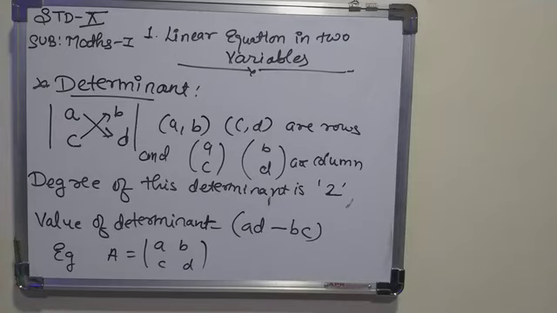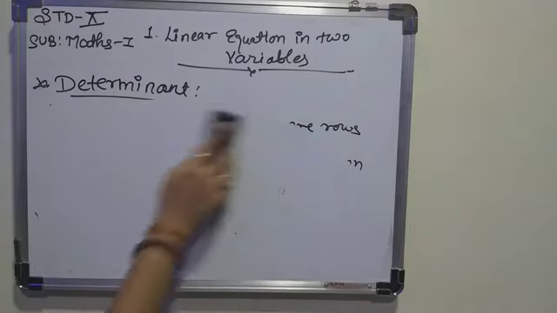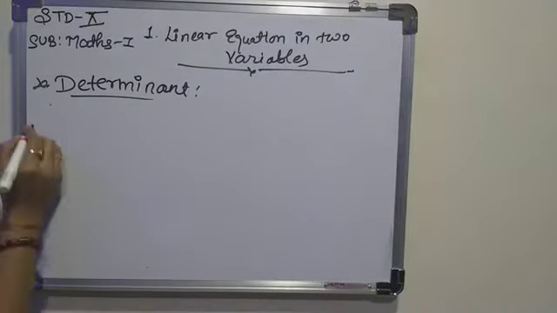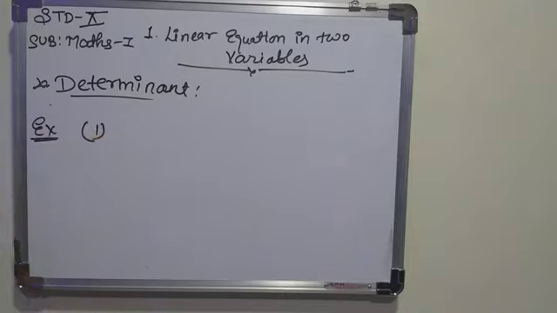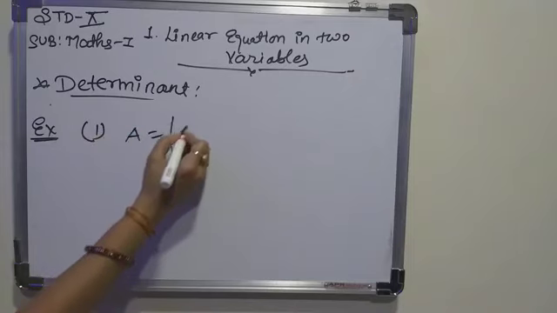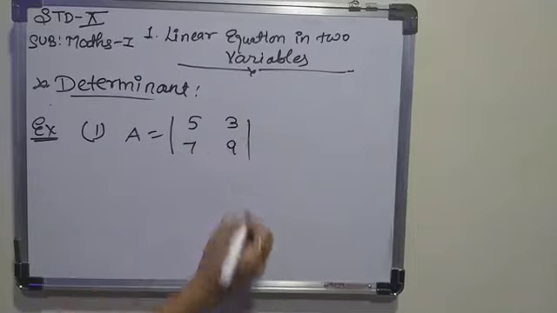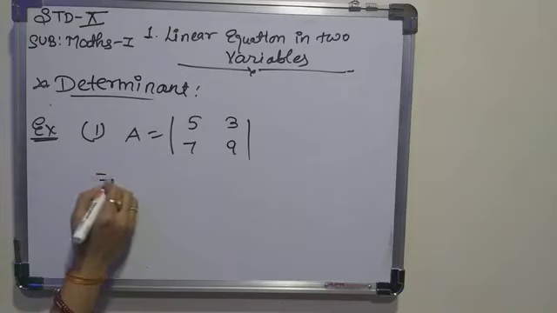Okay, so let's solve one example. We have the determinant 5, 3, 7, 9, and we have to find its value.